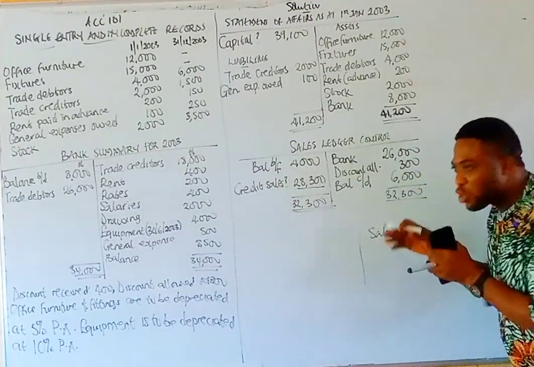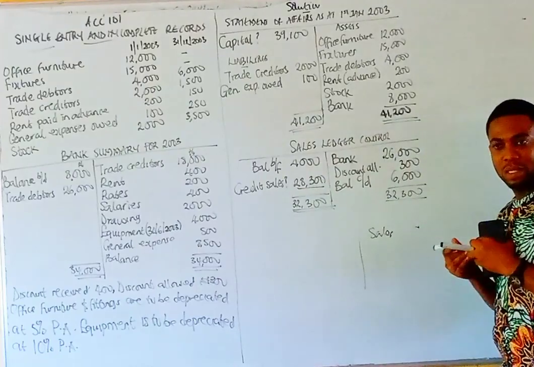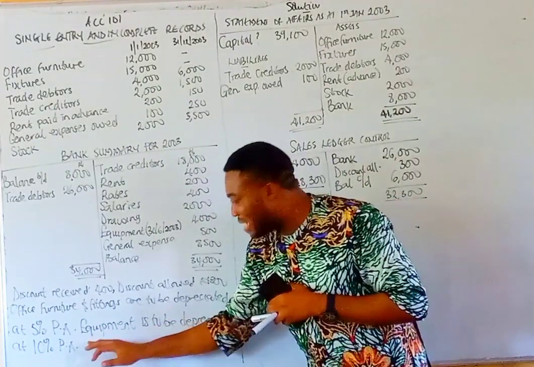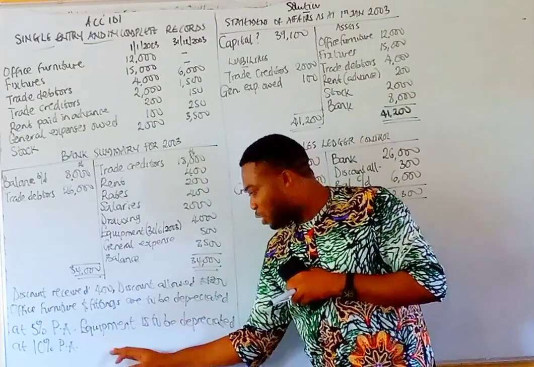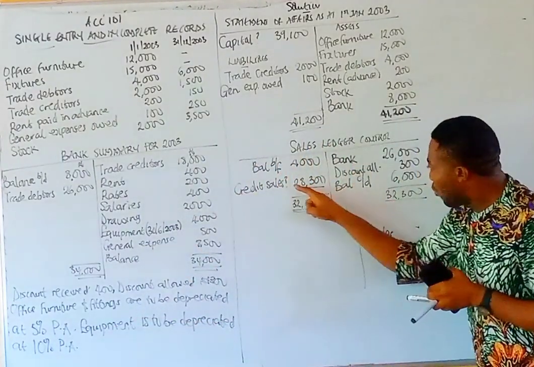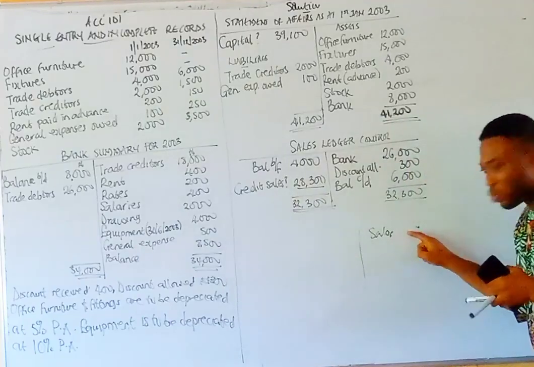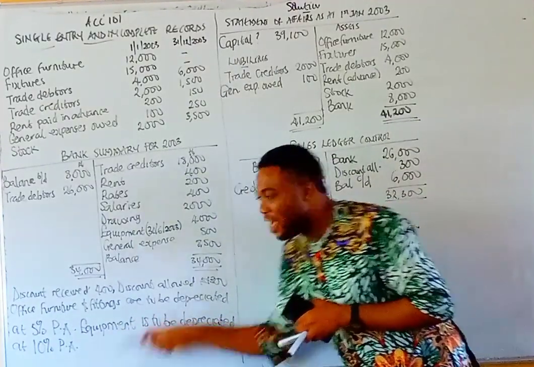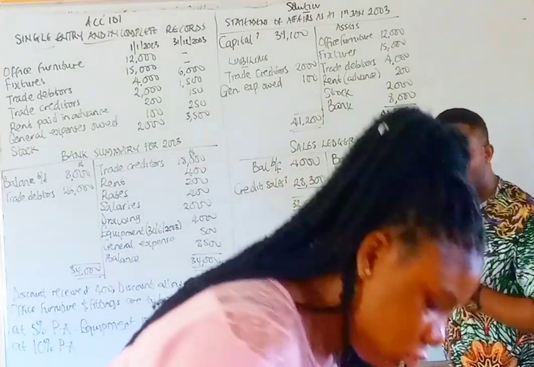These sales comprise cash and credit, which is the total sales. So if a question has cash sales in the additional information, you add what you have gotten there plus that one, and it becomes the total sales you post there. But if there is nothing there, what you have done here becomes the total sales.